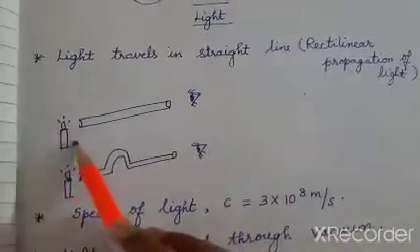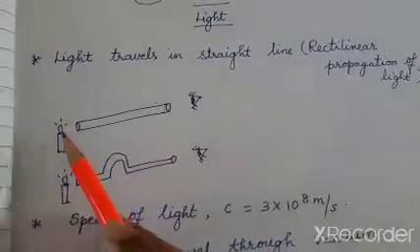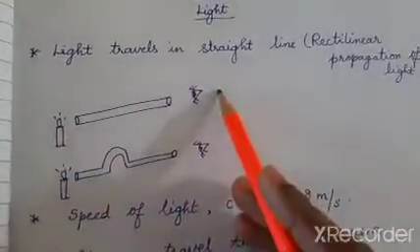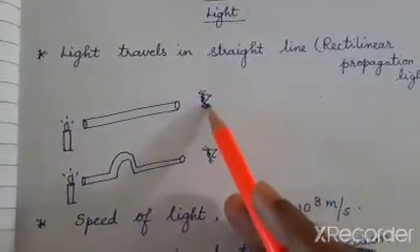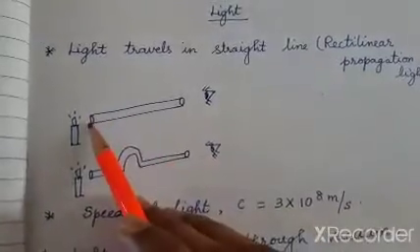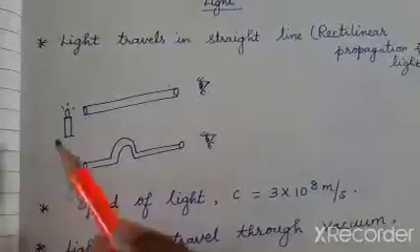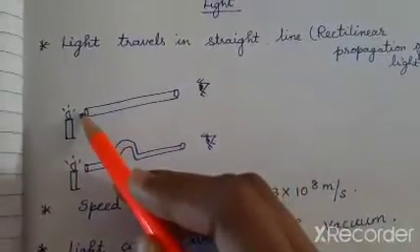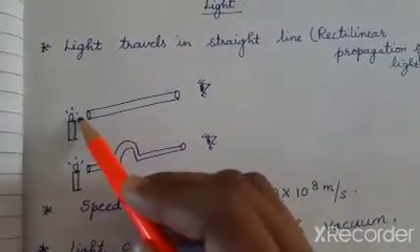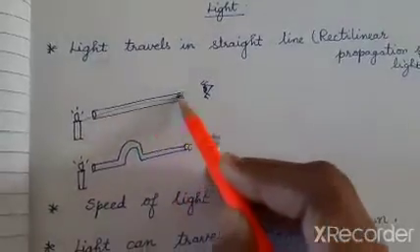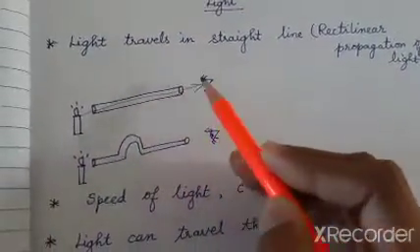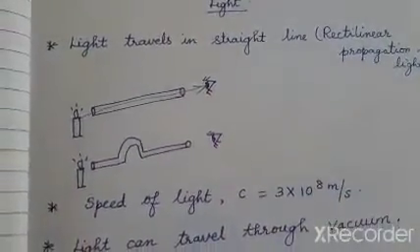If I wanted to see the candle through the other end of the pipe, will the candle be visible to me? Yes, because the light of the candle passes straight through the straight pipe and reaches the eye.